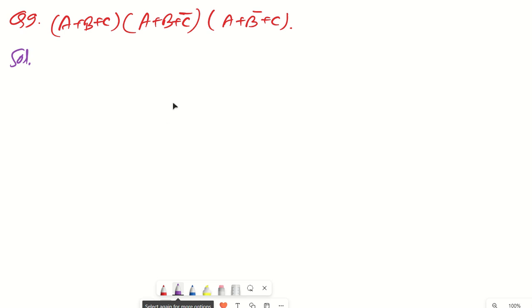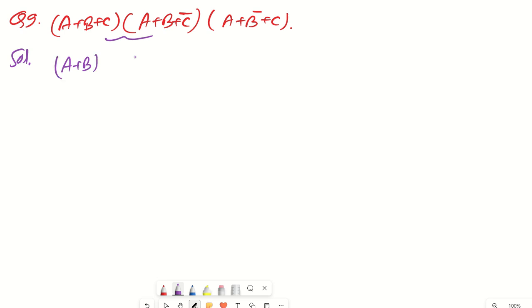So can we see that we have (a plus b plus c) into (a plus b plus c bar), right? And (a plus b bar plus c) we can consider, right? So what we can do here is, we can take a plus b and a plus b. So I can write down the first two terms with a plus b as a single term.